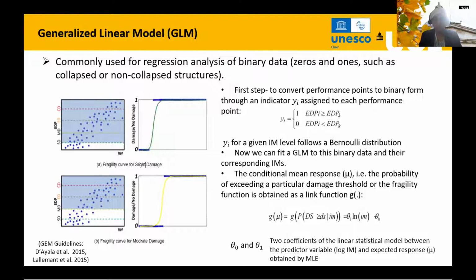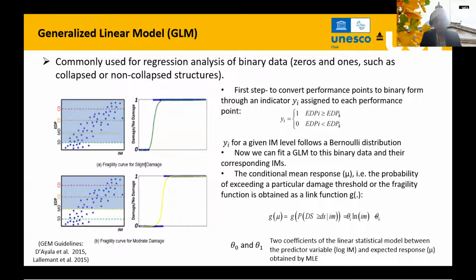This is another method, the generalized linear model. Here, what we do is first convert the data into a binary format where, for each damage state, you check whether that damage state is exceeded or not exceeded. For example, the building is collapsed or not collapsed. So from the dispersed performance points, you would have a format that is 0 or 1.